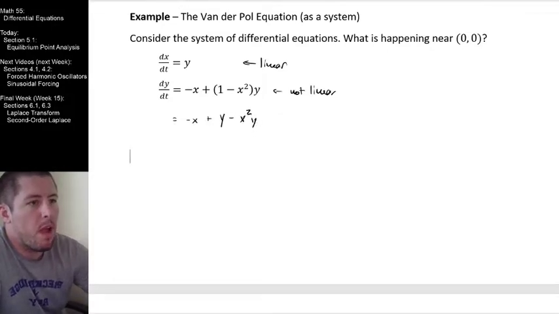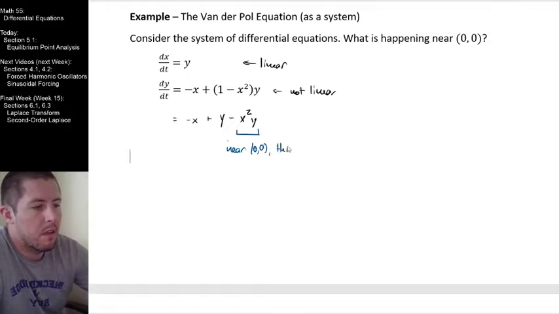And what I'm thinking to myself is this. Near 0, 0, this term is way smaller than the other terms.